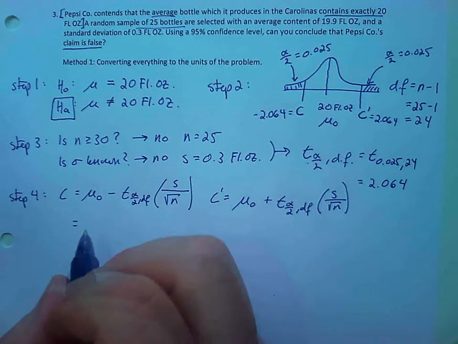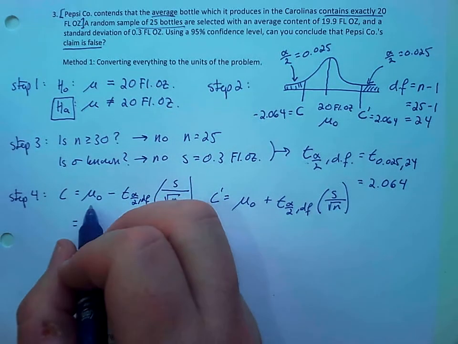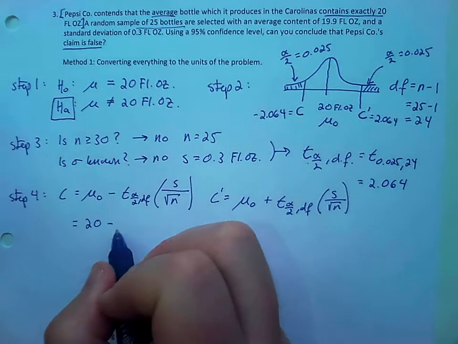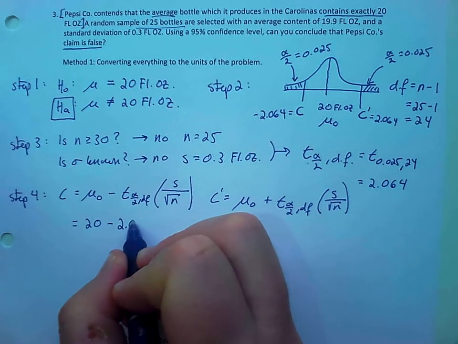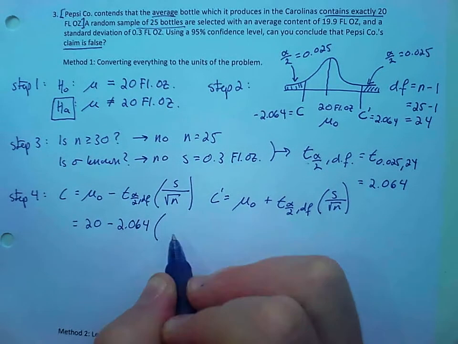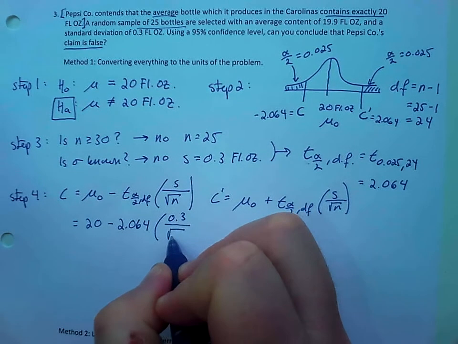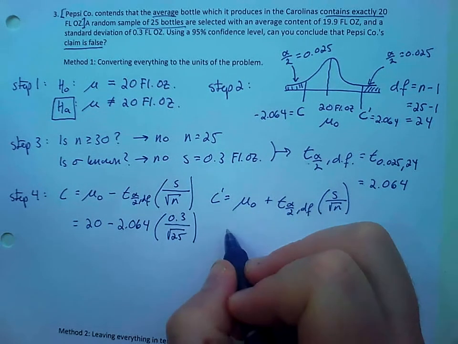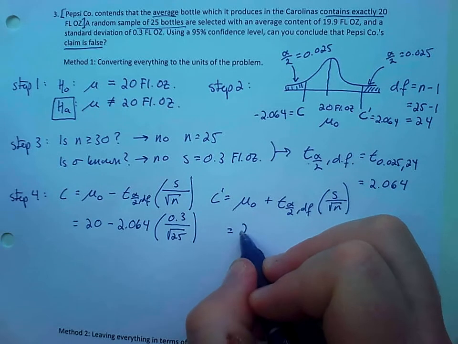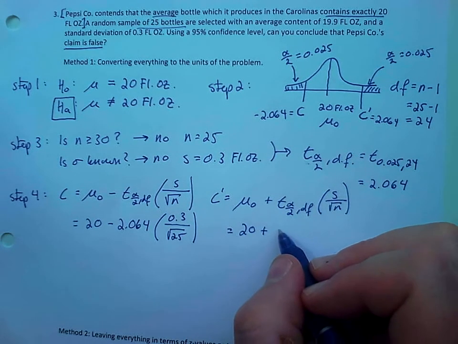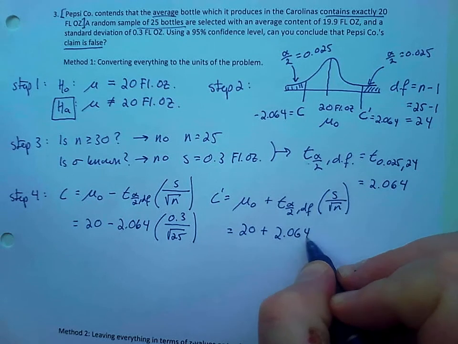We can plug values in now because we know that our mu naught is our hypothesized value, which is 20 fluid ounces. We already looked up our t value, which was 2.064. Our sample standard deviation is 0.3, and our sample size, little n, is equal to 25. Plugging in those exact same values into the formula for our right-hand side critical value, we get this.